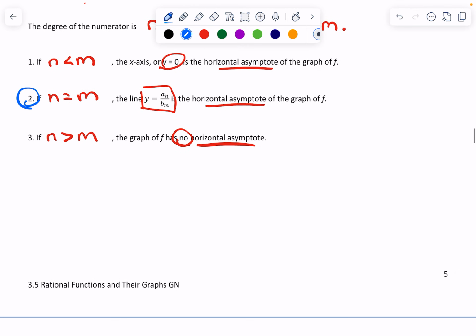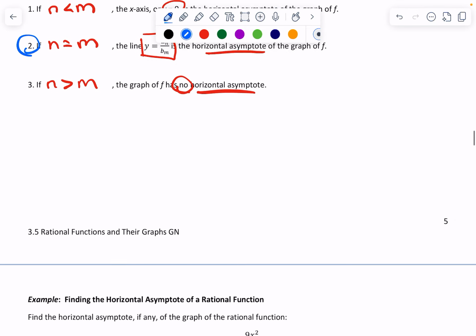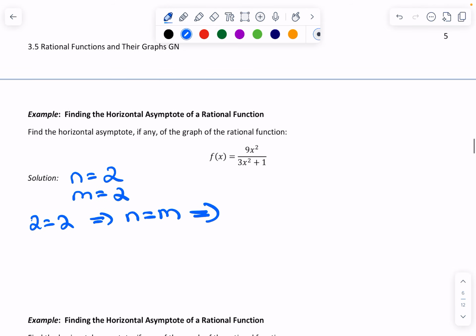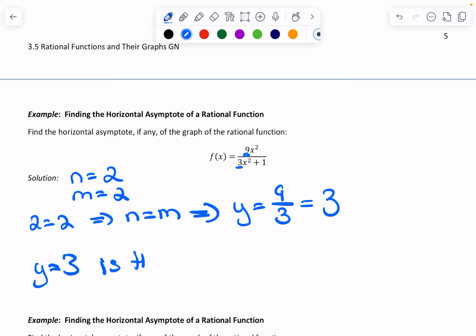We take the leading coefficient of the numerator, which is 9, and the leading coefficient of the denominator, which is 3. So 9 divided by 3 equals 3. So y equals 3 is the horizontal asymptote.